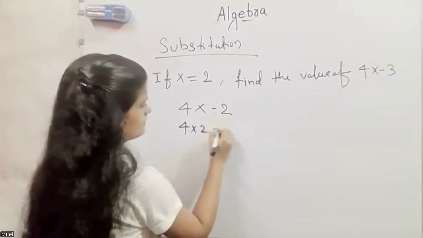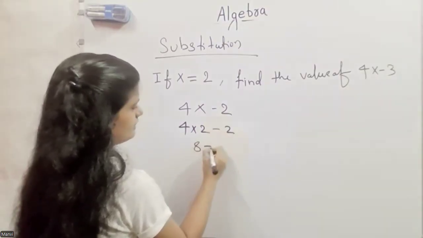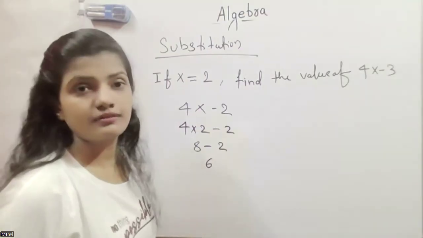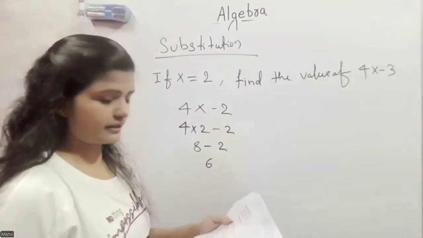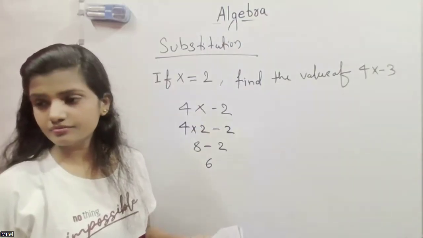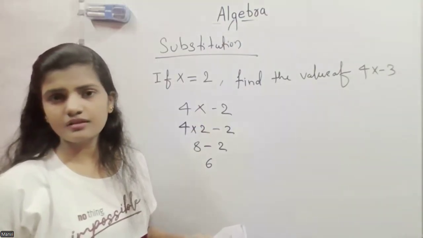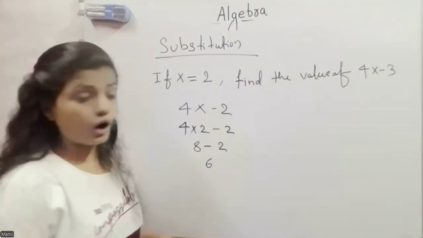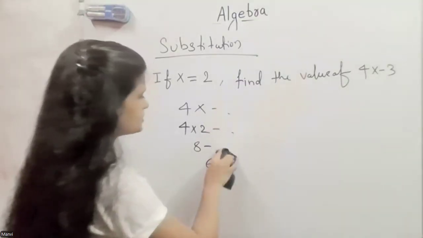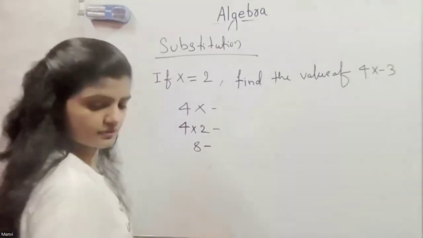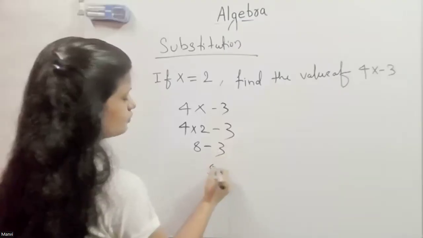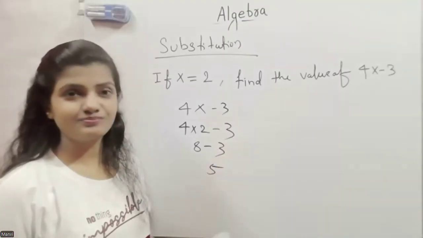That gives 8, and then 8 minus 3, which is 5. But there's a 3 up there, you say? Yeah, you are right. In the question, this is actually 3. Very good.